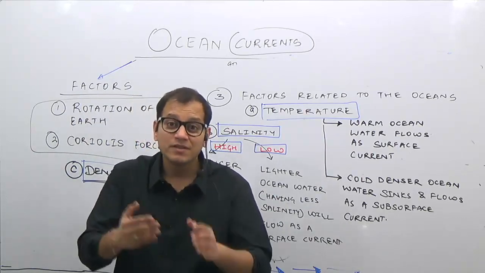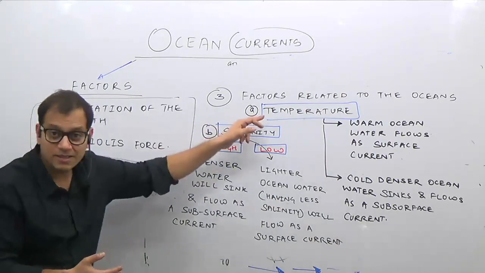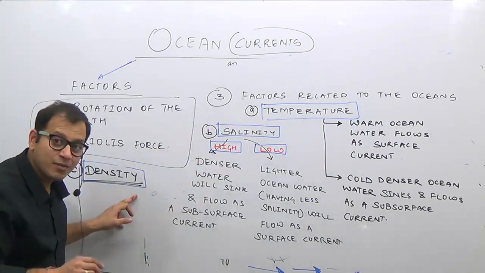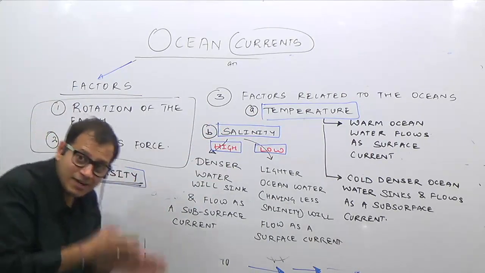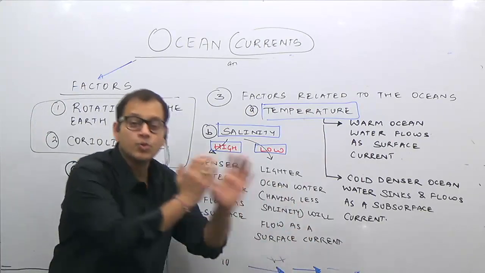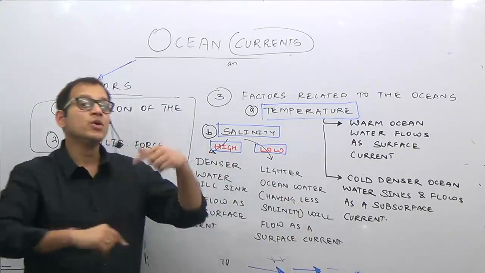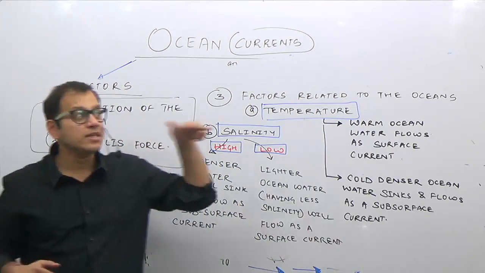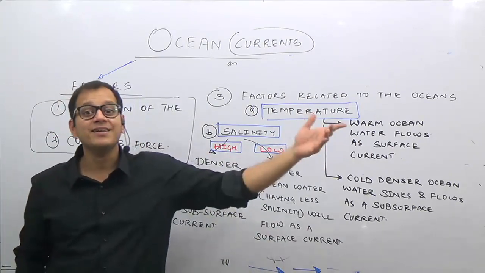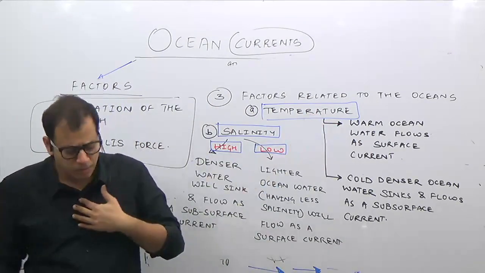Therefore, though their temperatures are the same, the Mediterranean Sea water becomes denser and flows as a subsurface current towards the Atlantic Ocean, while the water from the Atlantic Ocean flows as a surface current and enters the Mediterranean Sea region.